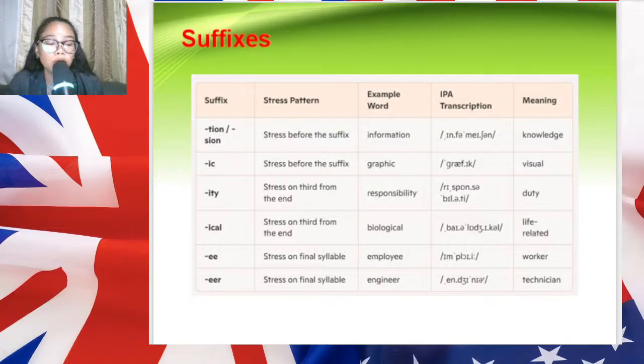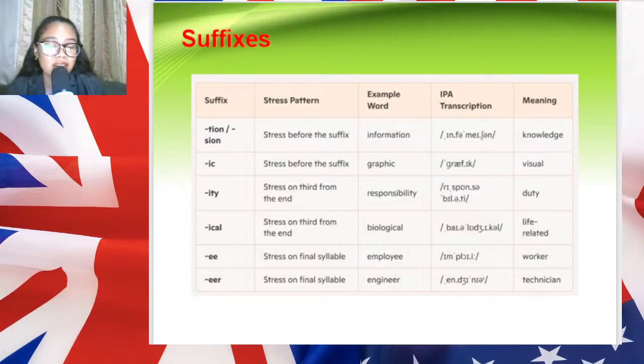Now, how do we know which of the syllables is stressed? We look for the apostrophe in the IPA transcription, and the stressed syllable goes right after the apostrophe. Say for example, you look at information.